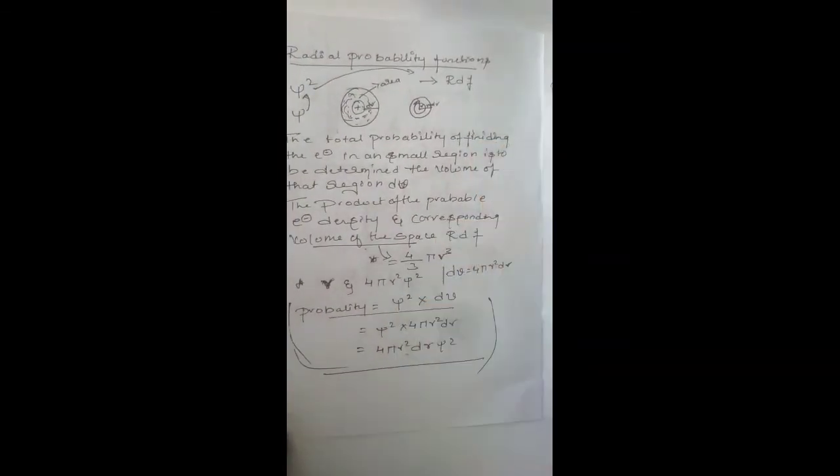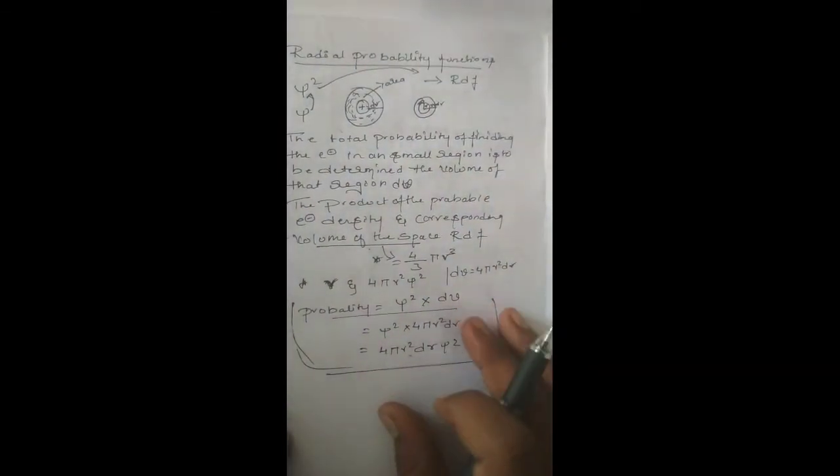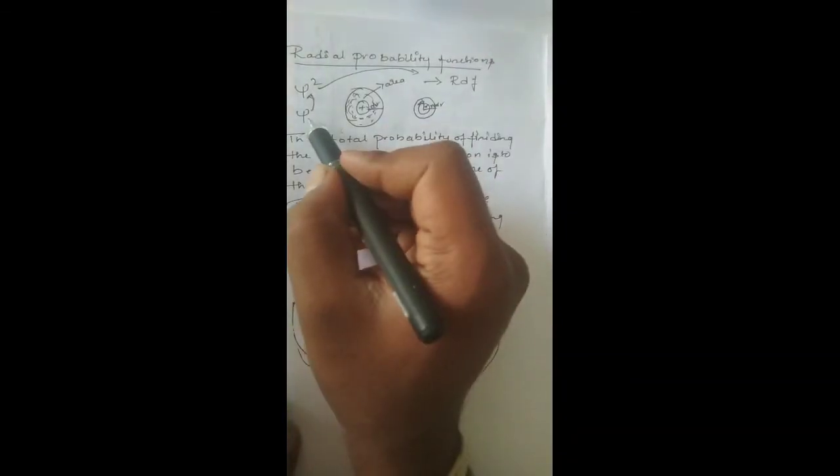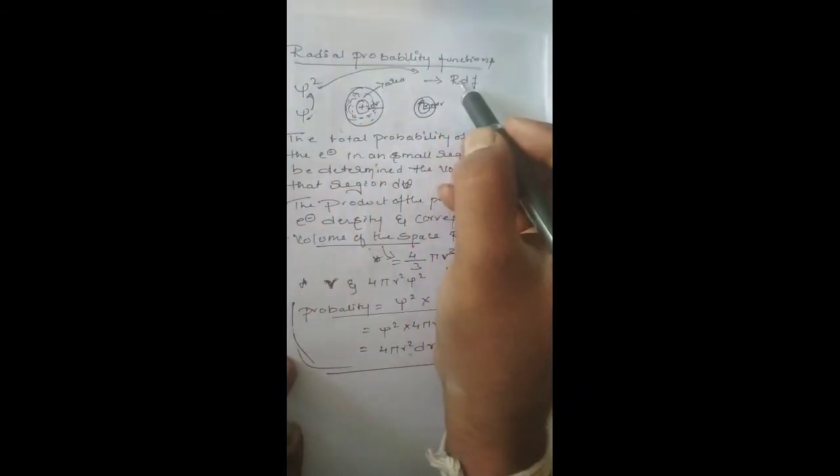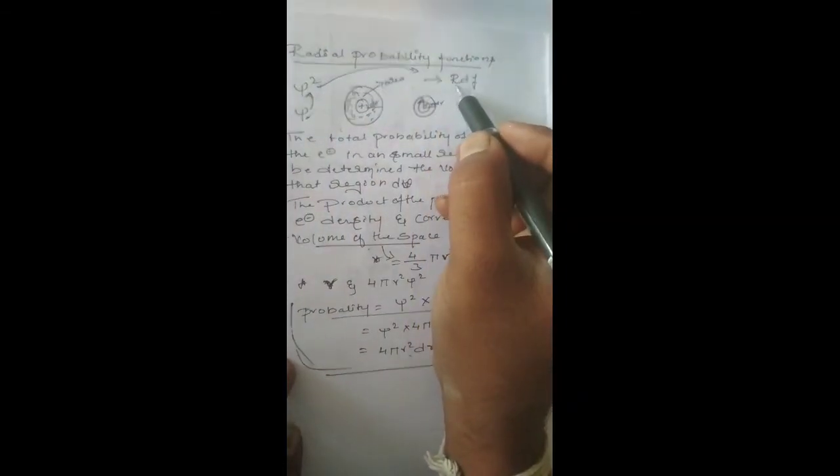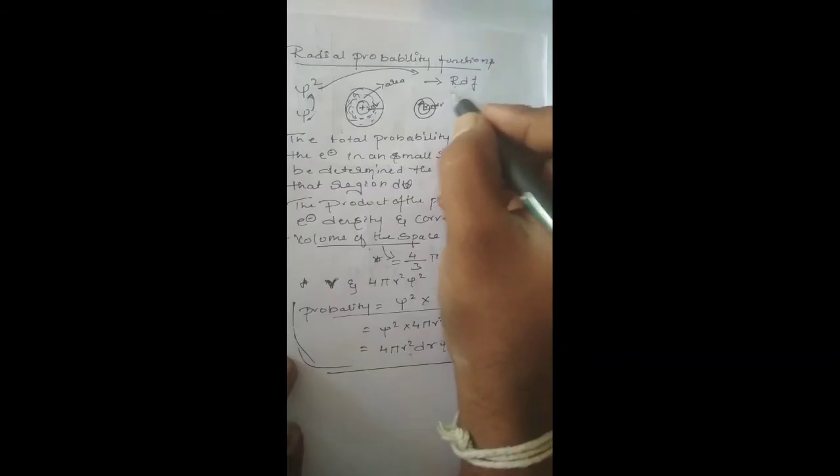Okay. Next we are going to talk about the radial probability function. First we talked about the radial wave function. The radial wave function squared gives the radial probability, and the radial probability function is also called RDF.